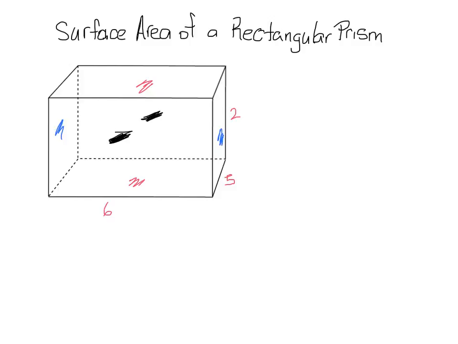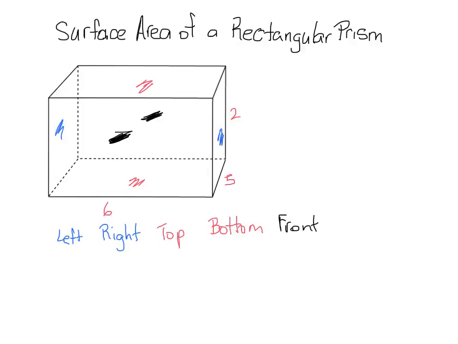In blue, I'm going to do the left and the right. In red, I will do the top and the bottom. And in black, I will do the front and the back.